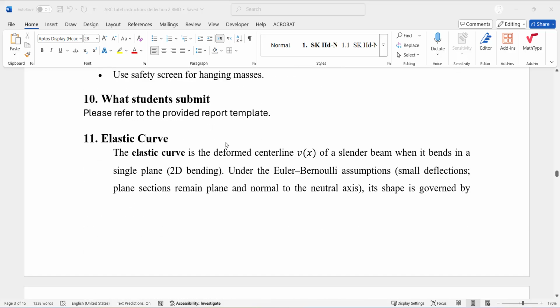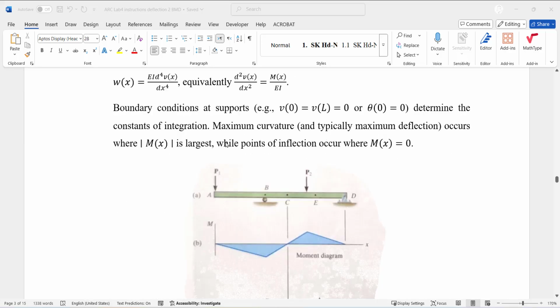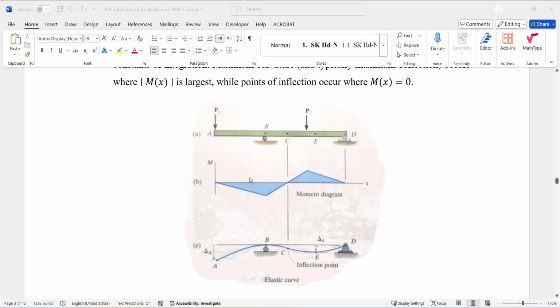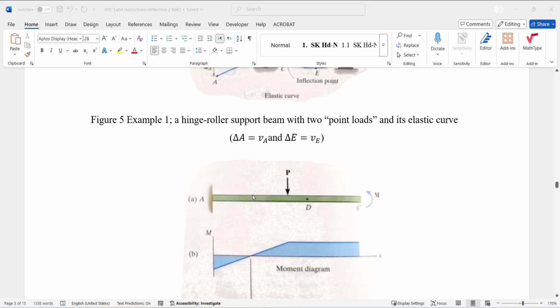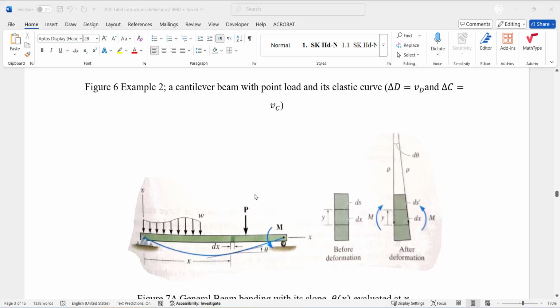And then if you are just interested, there are some readings here on how the loads can be related to the other internal loads such as shear force, bending moment, and also the elastic curve and the deflections. But these are just background reading.